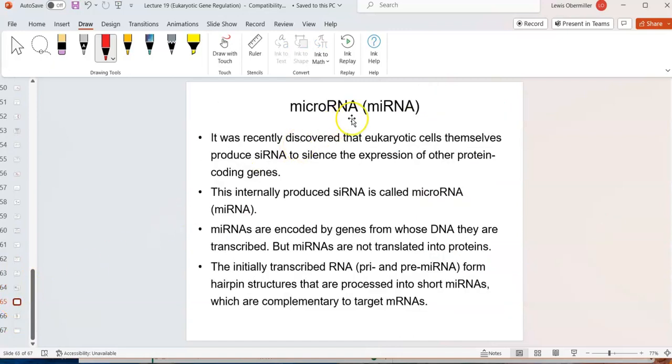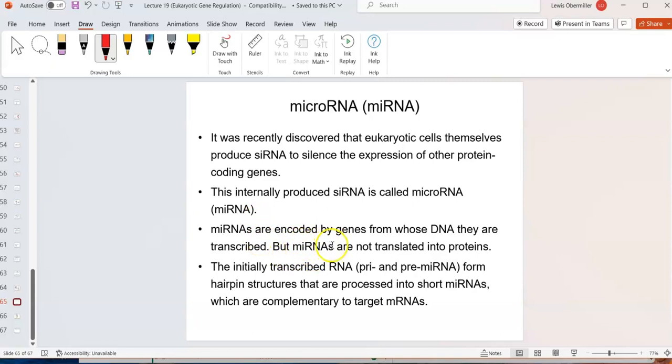Okay, so there's other things called microRNAs. MicroRNAs produce siRNAs that silence gene expression. They're produced by regions of DNA. So there are areas of DNA in between genes that we used to think were junk DNA, and now we know that those are actually regions that can produce these microRNAs to silence genes.